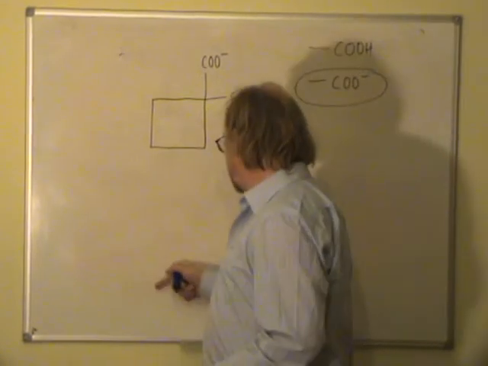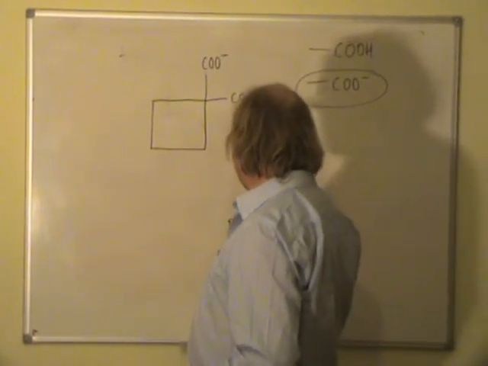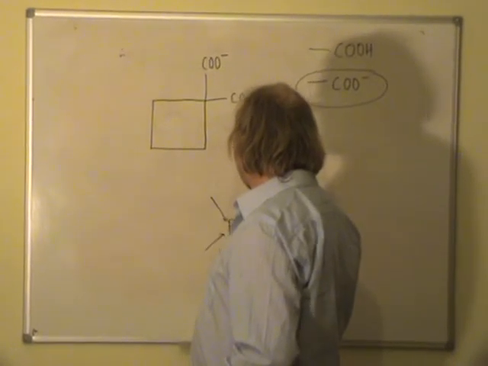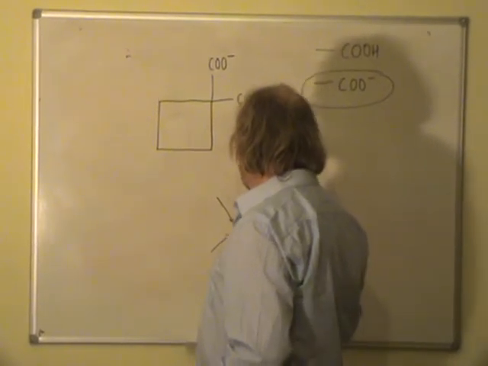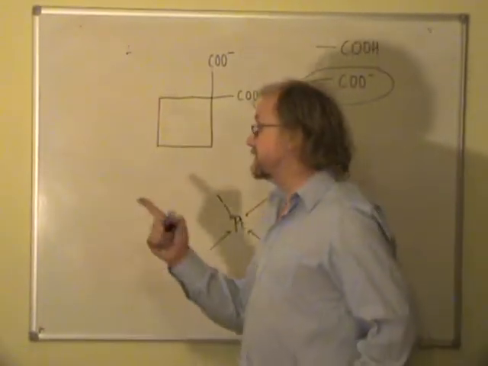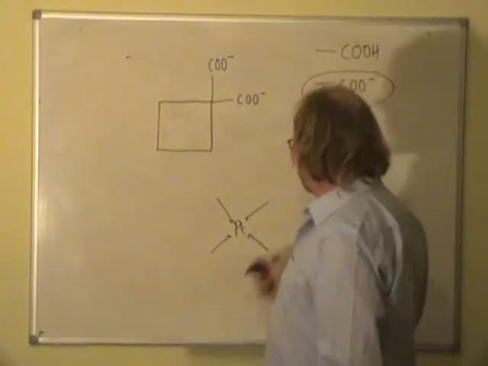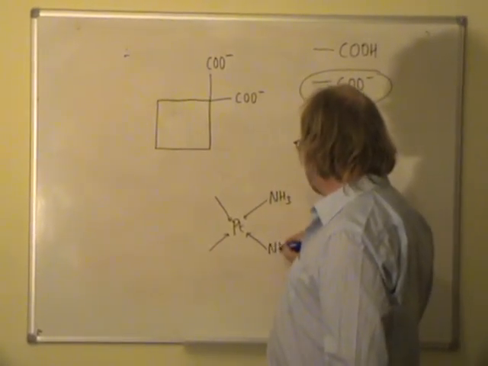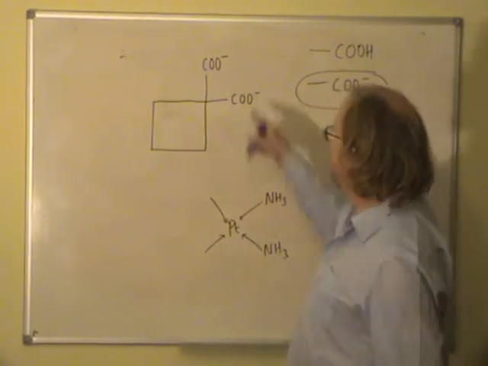So let's draw it out again. We've got the platinum here, remember, with 4 bonds around it. And we know that it's still got 2 ammonias because it's told us that this thing is here instead of the chloride ions. So we can put the 2 ammonias over here. And on this side, we need to use this.